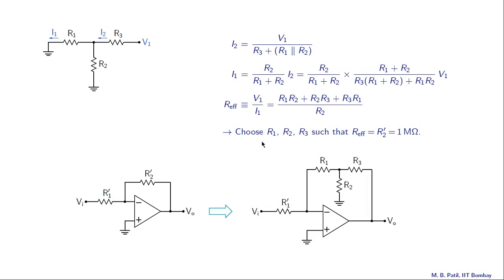So what we are going to do is replace our original inverting amplifier with this circuit, and the job of R2 prime is now being done by this T network, and our next step is to find R1, R2, R3, which will give us the same R effective as R2 prime, which is 1 meg.